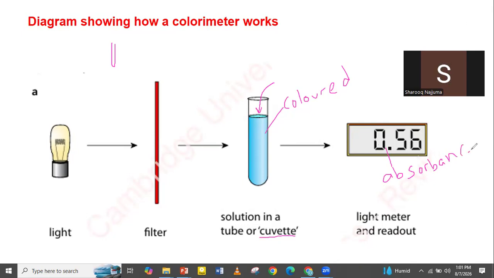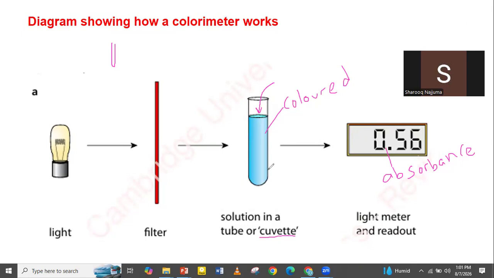In other words, if the colored substance is a lot, we shall expect a lot of absorbance. So the absorbance depends on how much of the substance causing the color is in the solution. If the substance causing the color is a lot, it means the solution will be so much colored with a high intensity, and that means the absorbance is going to be high.